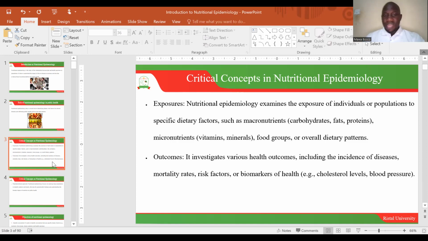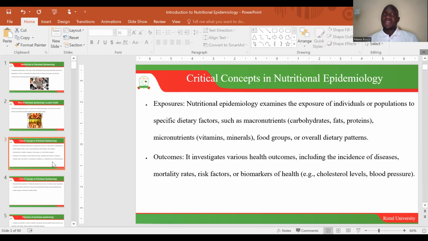And then we come to the next concept, which is outcomes. When you eat a particular food, it may put you at a risk of getting a particular condition. That particular condition is what we are calling a health outcome.